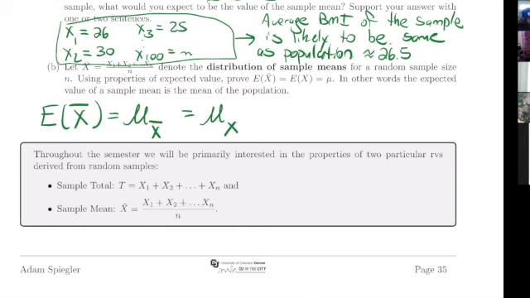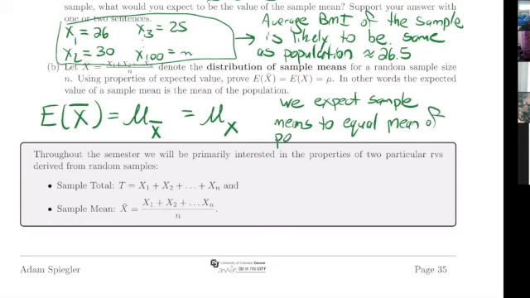And what we just showed is that the expected value of the sample mean is equal to the population mean. So basically just restating the observation that we had in the first part.